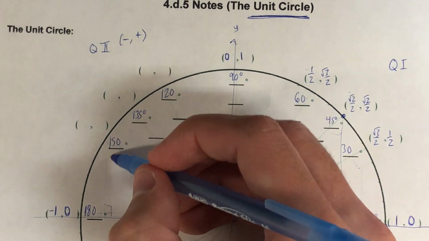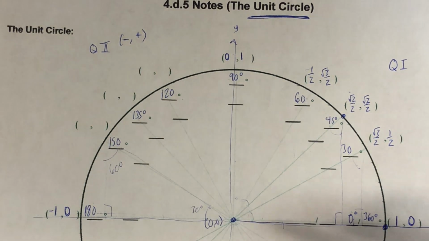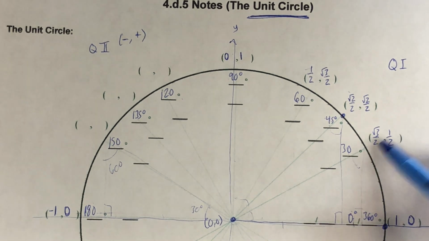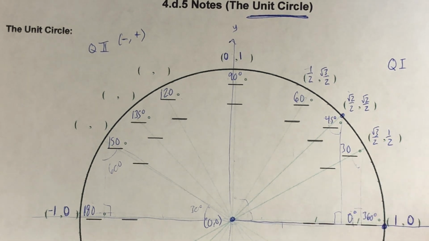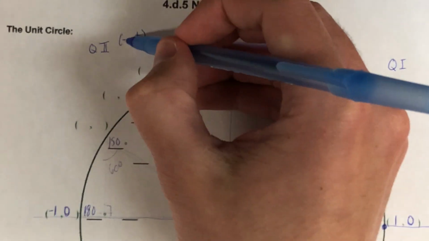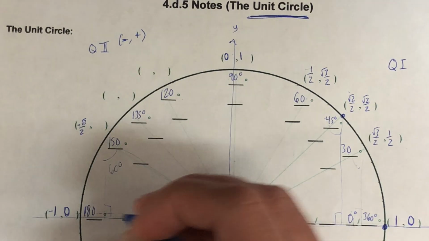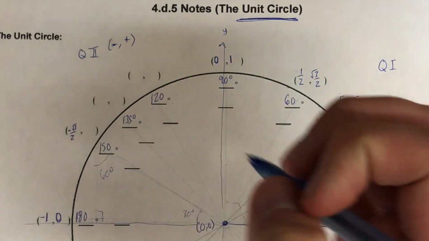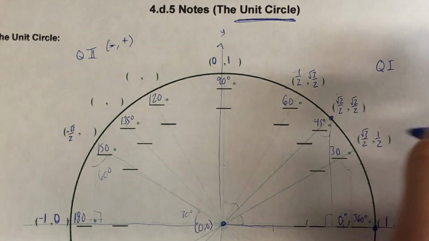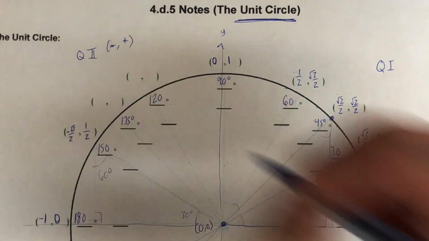This is going to be 90. This is going to be 60. Well, we determined with 30, 60, 90, we have an x value of root 3 over 2 and a y value of 1/2. The only catch here is that in this case, our x value has to be negative because we're on the negative x-axis. Our y value, though, stays positive.